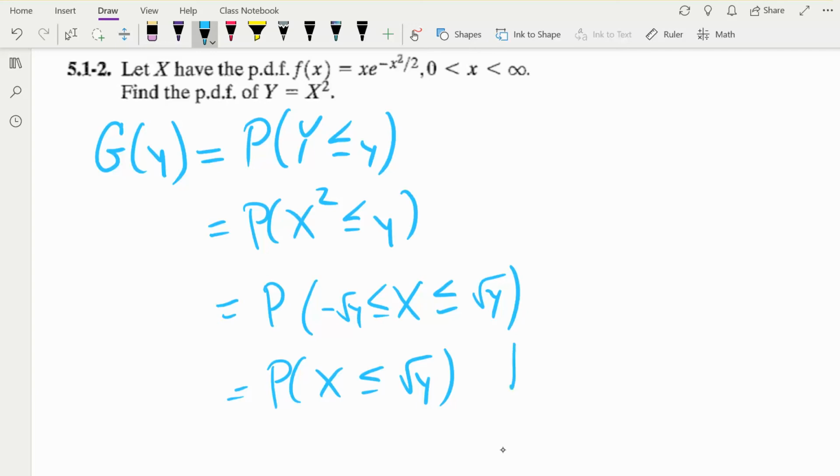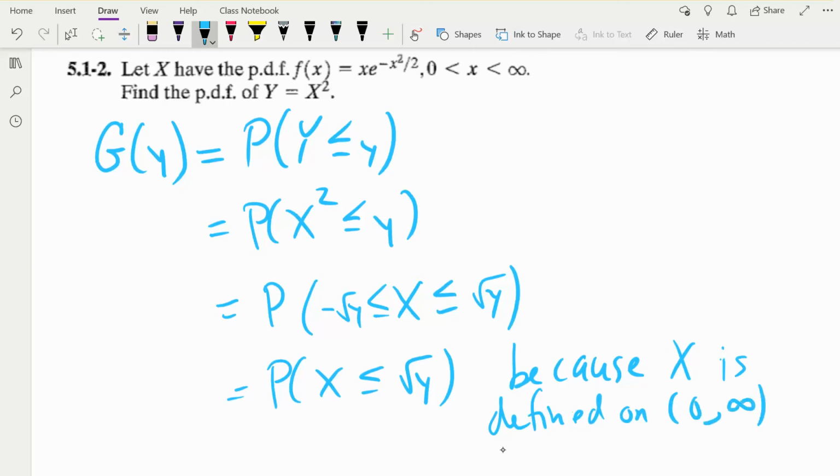And again, this is because x is only defined on 0 to infinity, right? No negatives are in there. X is guaranteed to be greater than negative root y.